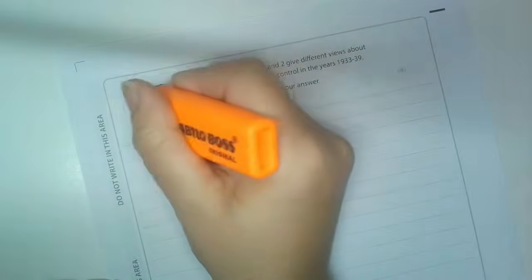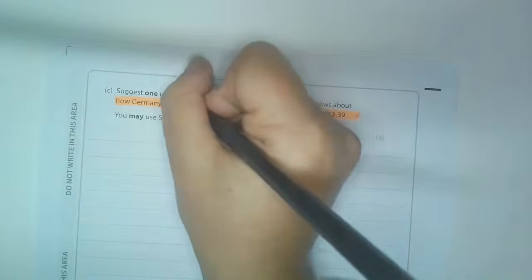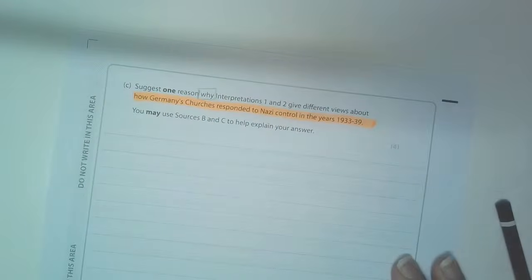So, suggest one reason why interpretations 1 and 2 give different views about how Germany's churches responded to Nazi control in the years 1933 to 39. One reason why. Why do they have different views? And here is your answer. And this is always the answer.